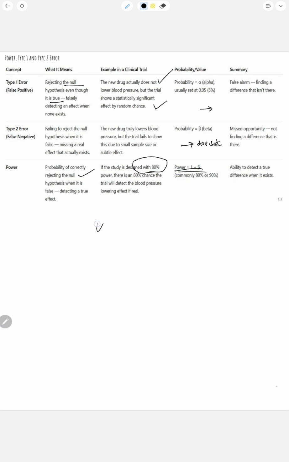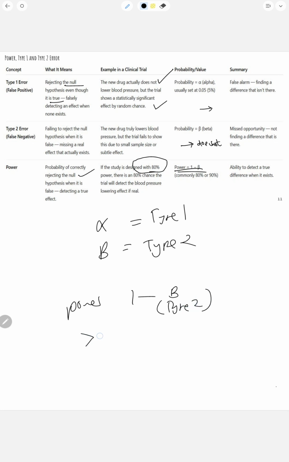So alpha error is also the type 1 error, and beta error is also called a type 2 error. And power is given by the equation 1 minus beta, or type 2 error. Okay, and generally anything above 80% is considered a well-powered study. It is the ability to detect a true difference when it exists. All right.